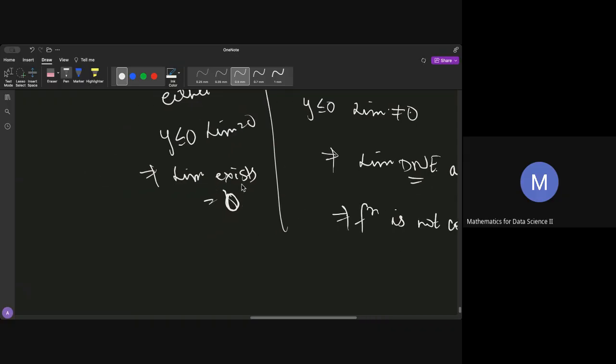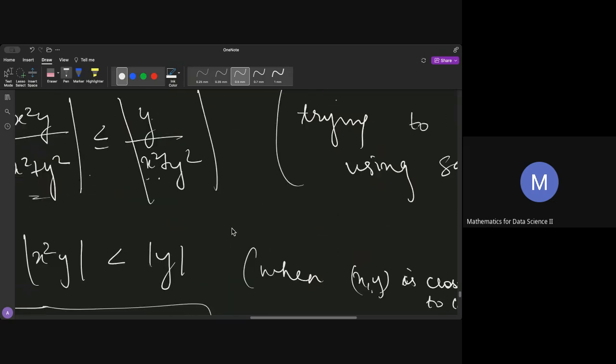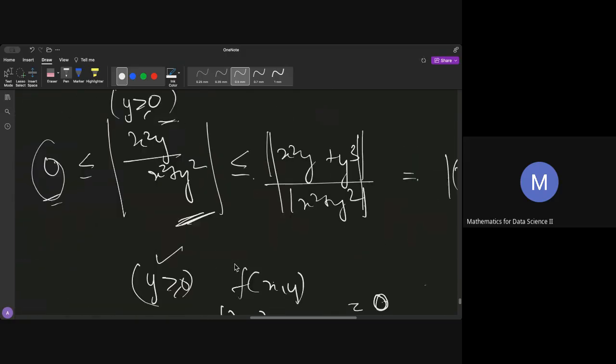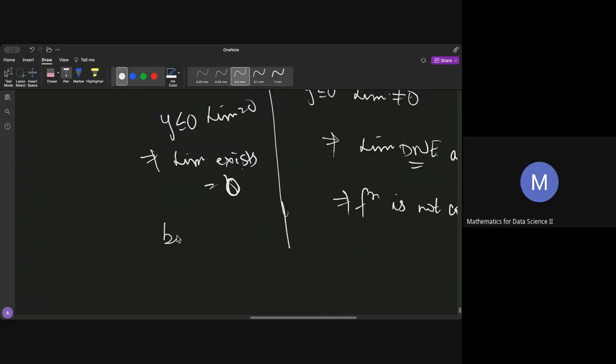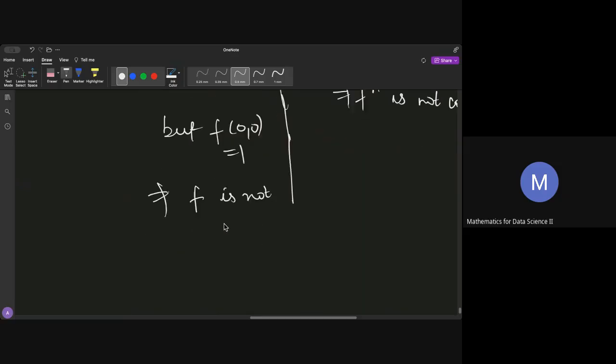And if my limit exists and is equal to 0, even if that happens, my function's value at 0 is 1. But f of 0 is equal to 1. This implies f is not continuous at 0.